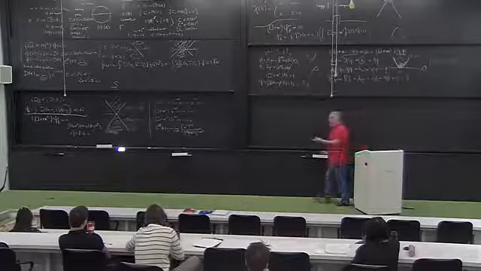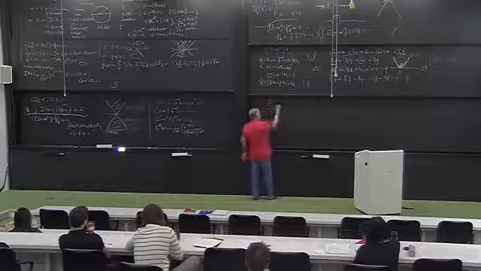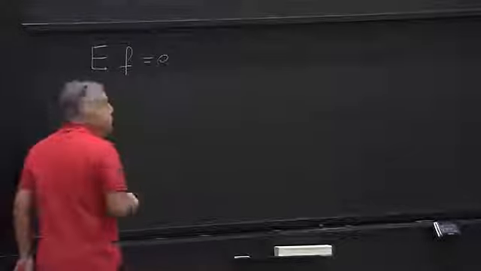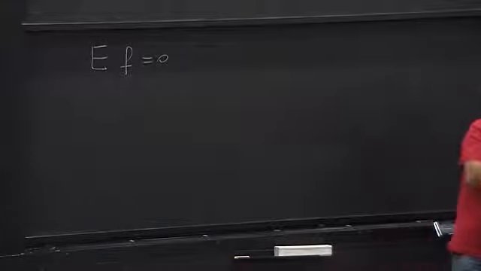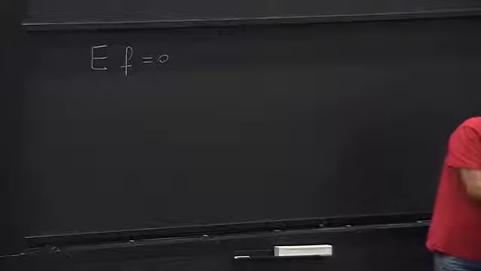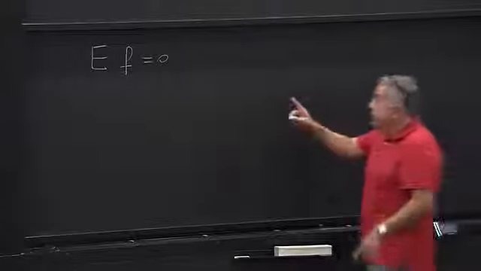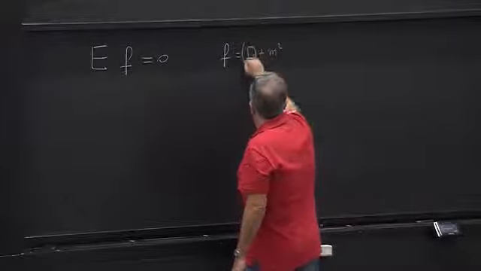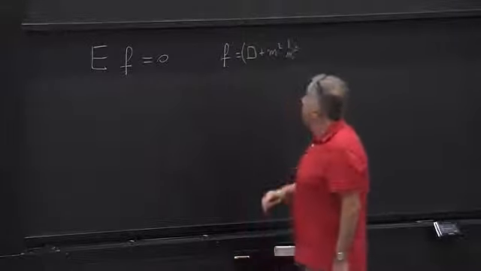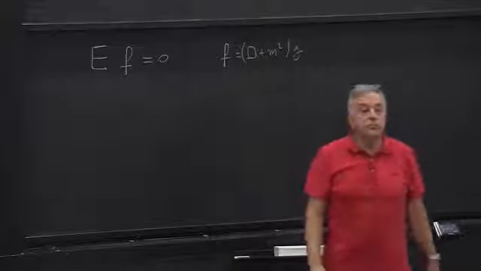So, to come to your question, what is now the set of solutions such that E of f is 0? The ambiguity in choosing the function. Allora, E of f is 0 if and only if f is the Klein-Gordon operator applied to another compact support function.